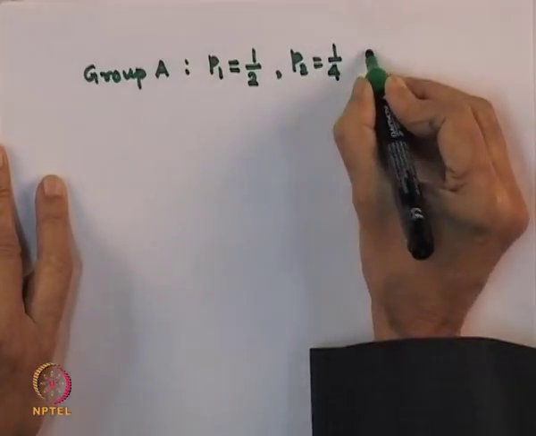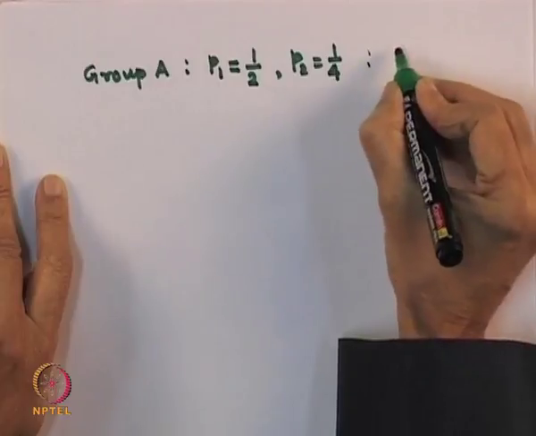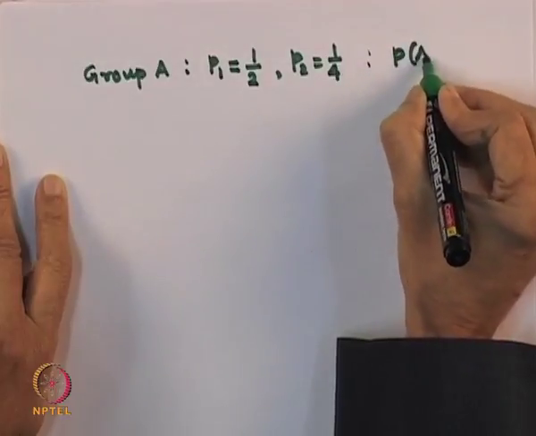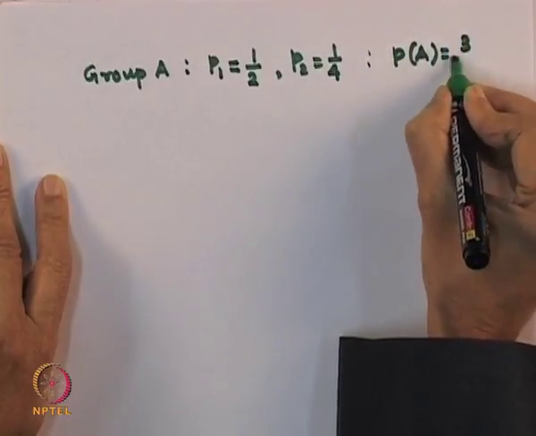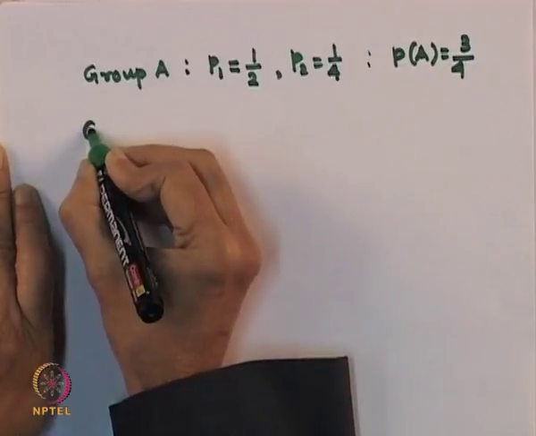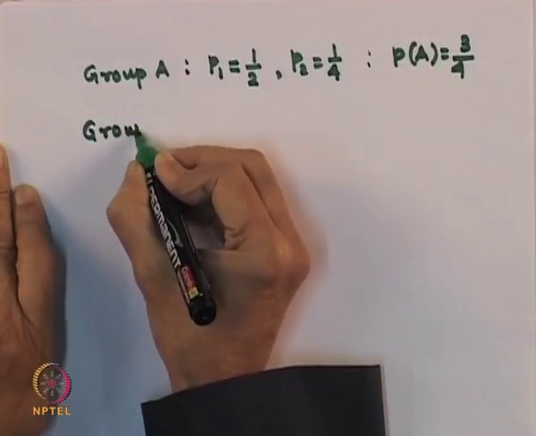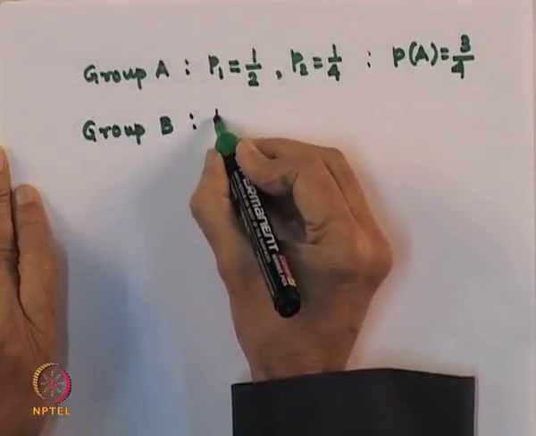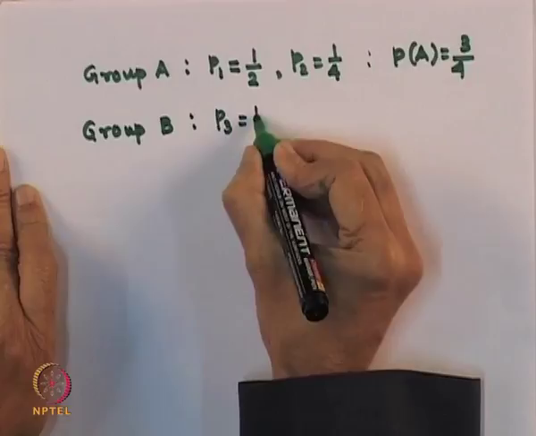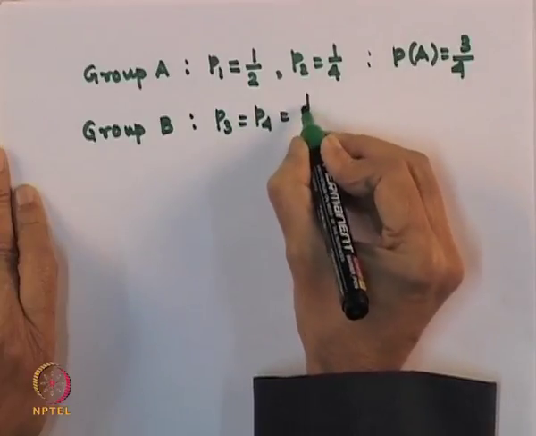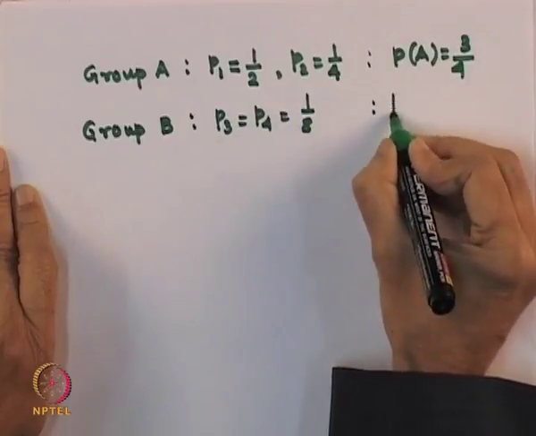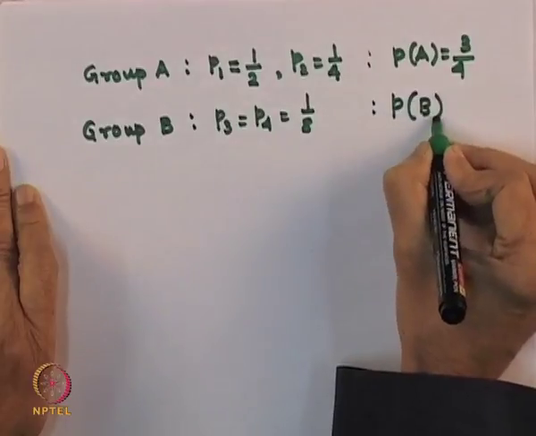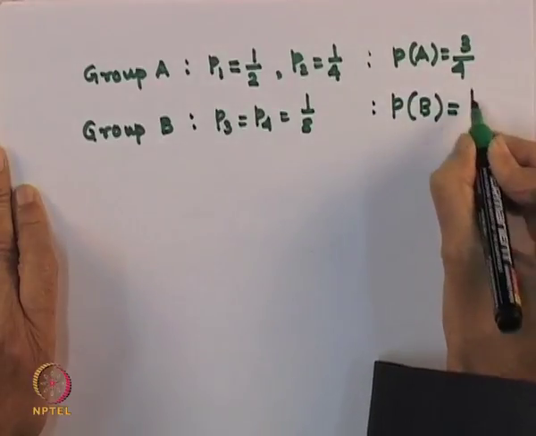So the total group A probability, let me write it as P of A, is equal to 3 by 4. There is a group B in which I again have two events with, let us say, equal probability. So P3 equal to P4 equal to 1 over 8 each, so that P of B is 1 by 4.